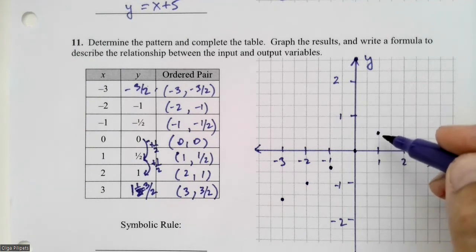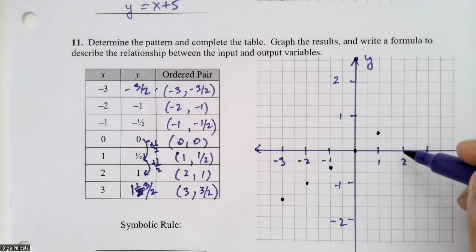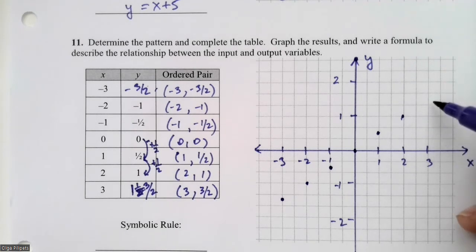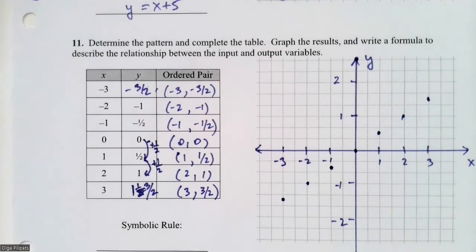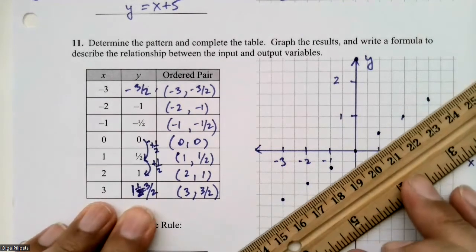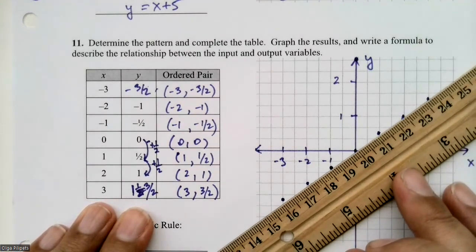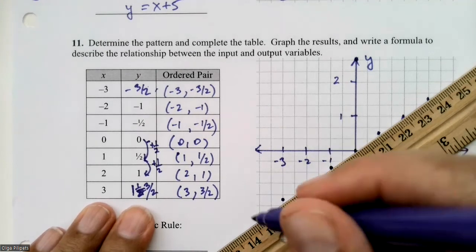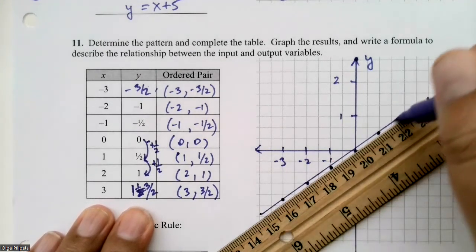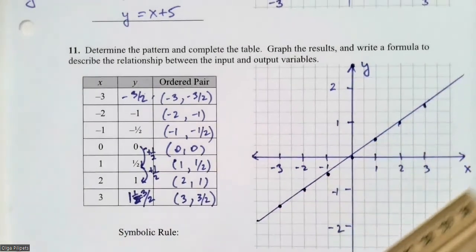And then 2 and 1, and then 3 and 3/2 right here. So again, we have a beautiful pattern. We have our line, all of the points lined up. So here we go.